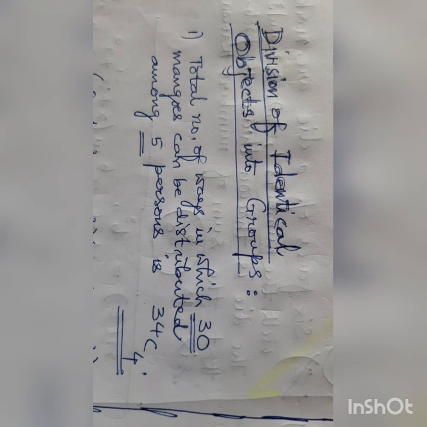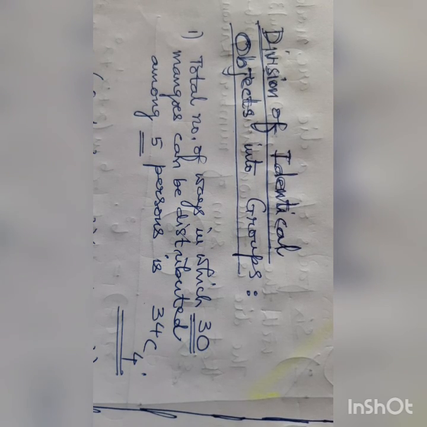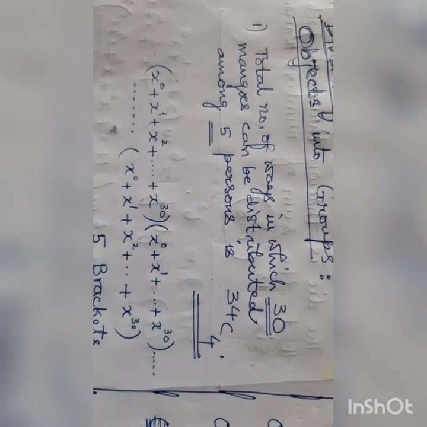In this question, how do we proceed in combinatorics? The total number of ways in which 30 mangoes can be distributed among 5 persons: how to distribute, you see, I will explain like this.